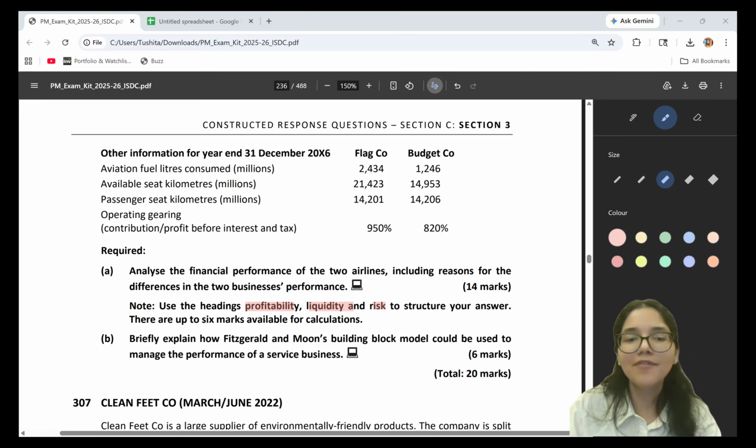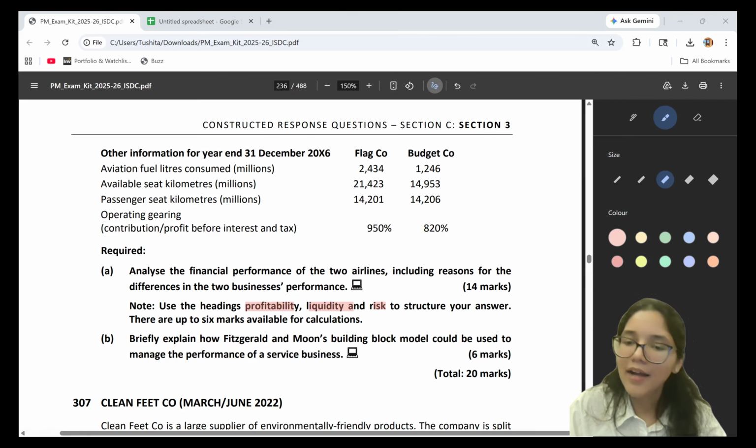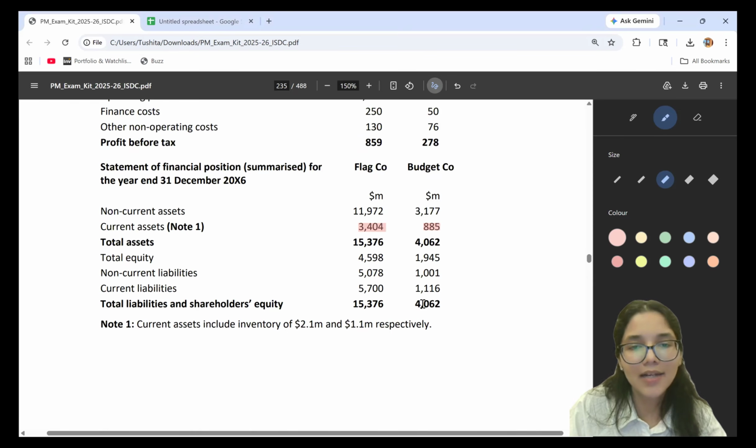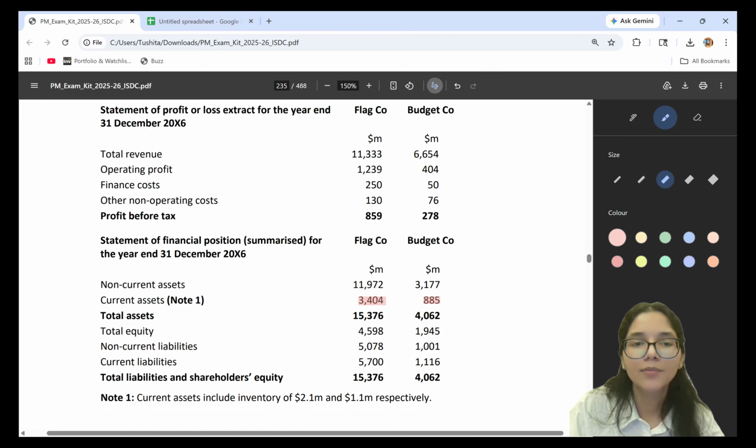Okay, guys. Firstly, when it comes to the ratios about profitability, which ratios do you recommend we should use? Gross profit, net profit. Okay. ROCE, yes. I'll show you what information we have so that you can understand better which ratios it will be possible to calculate here.